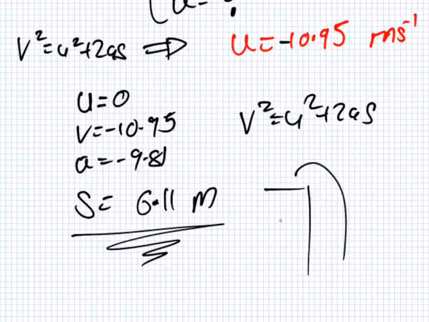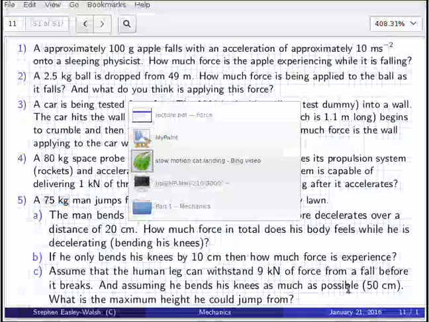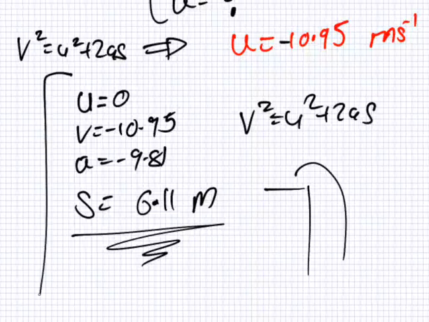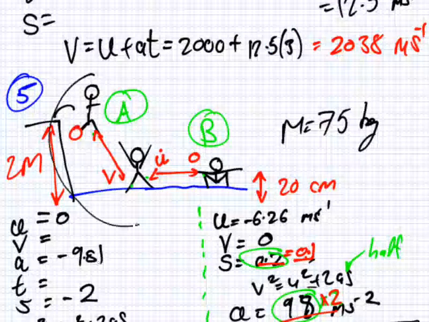So if you change this from 20 to 10, then this number will be twice as big, and this number will also be twice as big. So for part 1 you get this answer, and then for part 2 you'll get twice as big.